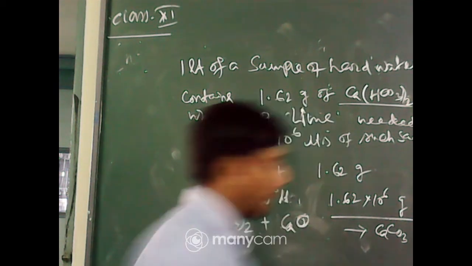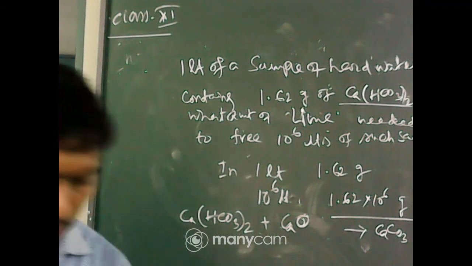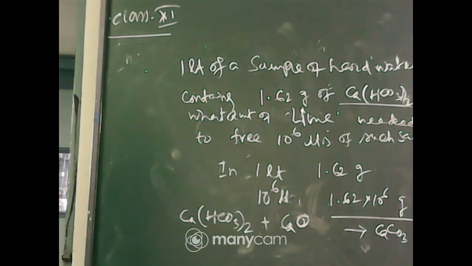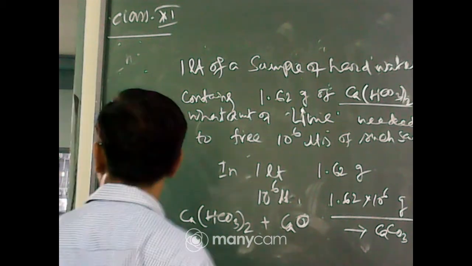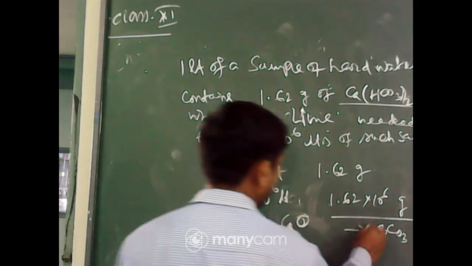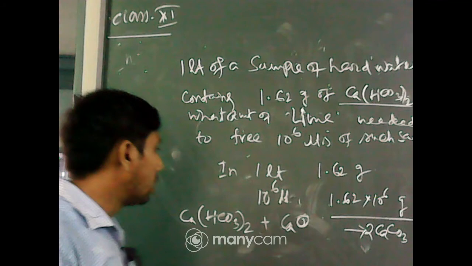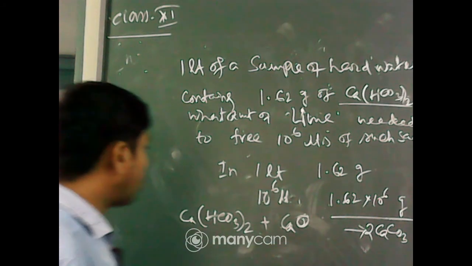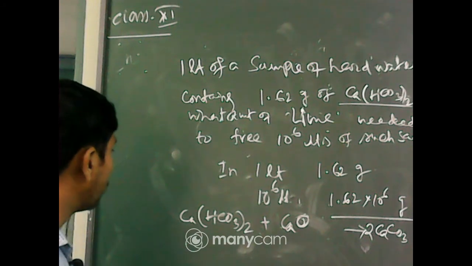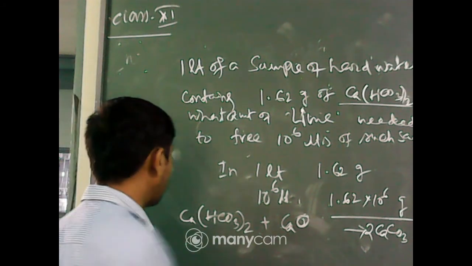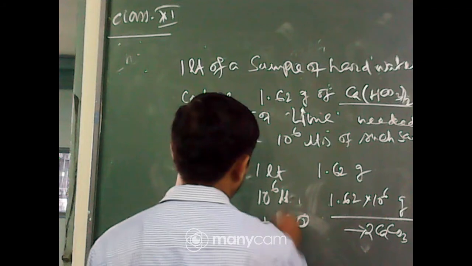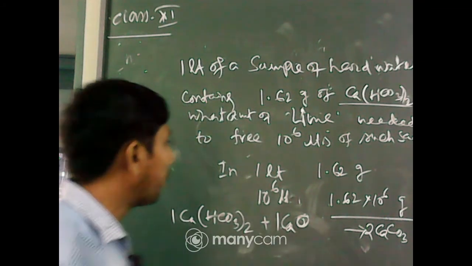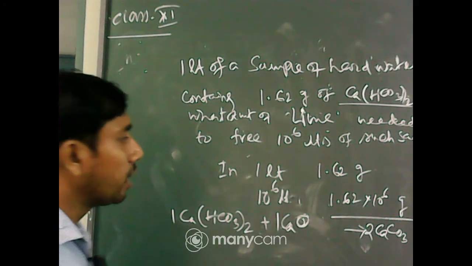CaO producing calcium carbonate and water. Now, this is the balanced form: 2 CaCO3 and H2O. Yes, this is balanced. So, 1 mole of calcium bicarbonate reacts with 1 mole of the lime. So, here equimolar.